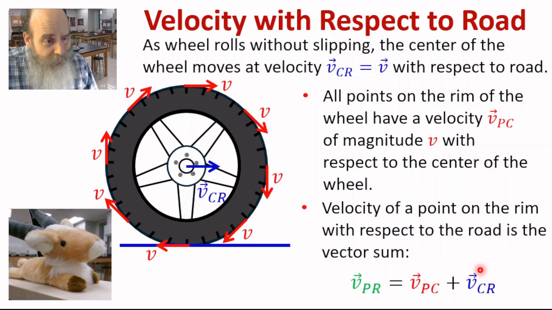What we are particularly interested in is the velocity, VPR, velocity of the point on the wheel at the bottom of the wheel with respect to the road. We want to see that that velocity is equal to 0. And then we can say that that bottom part of the wheel is at rest with respect to the road, and we can use static friction.